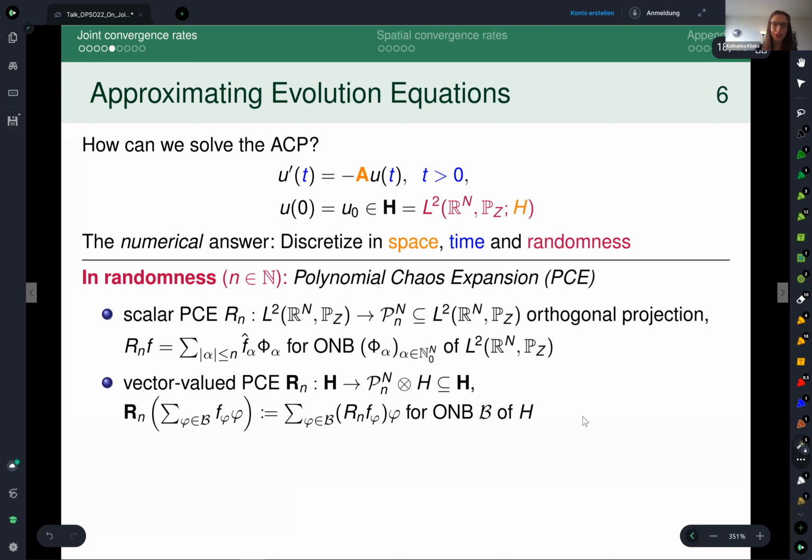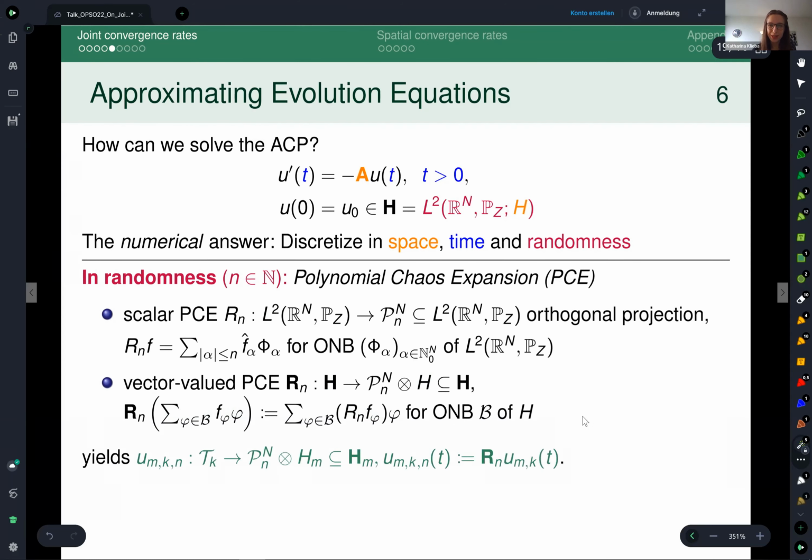Again, it's not sufficient to do it scalar valued, but we have to do it vector valued, but this is not a problem because our space H is assumed to be separable, so we can just have a series expansion and then apply the scalar polynomial chaos expansion, scalar PCE, to every factor of it.